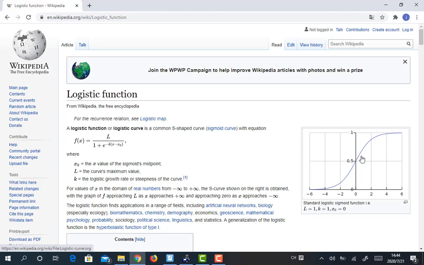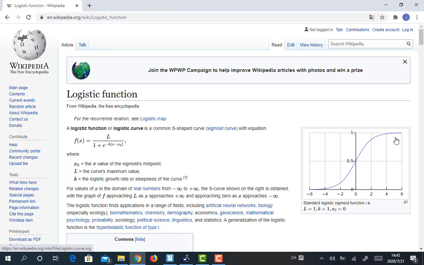So you will see as x is getting larger and larger, this f of x value, the y value, will level off. Even for the world population, if you collect the data from the beginning of 1900 all the way to right now, you will find the world population also follows a logistic regression.